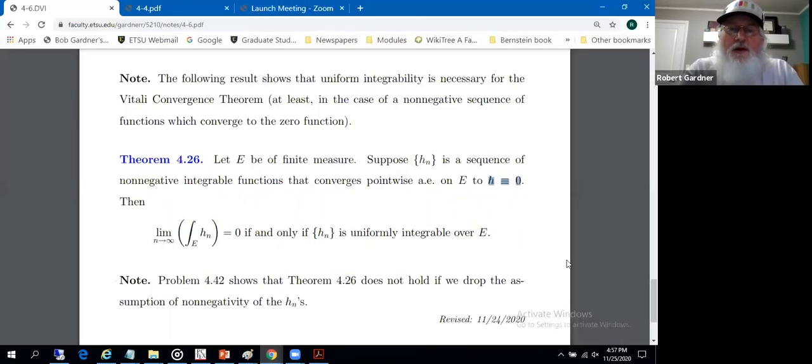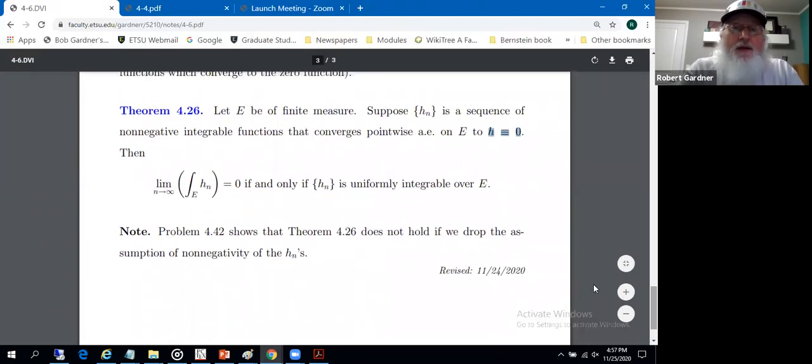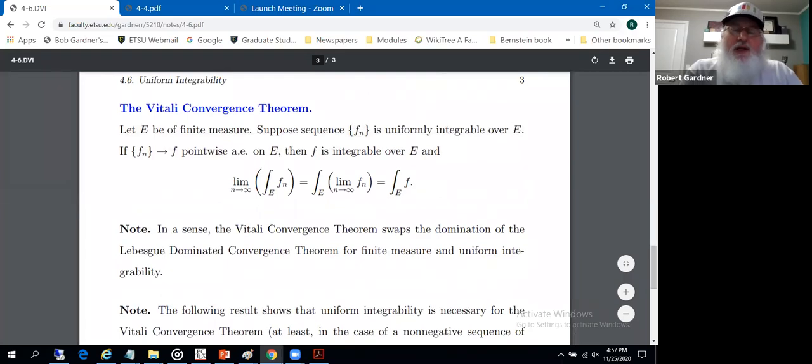Finally, to wrap up chapter 4: this result doesn't hold if you drop the assumption of non-negativity of the h sub n's, as is to be shown in one of the problems. Now this uniform integrability, we're going to explore a little bit more in section 5.1. A lot of the convergence theorems we did required various hypotheses and pointwise convergence.